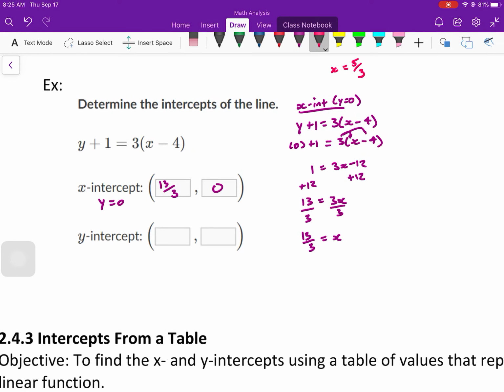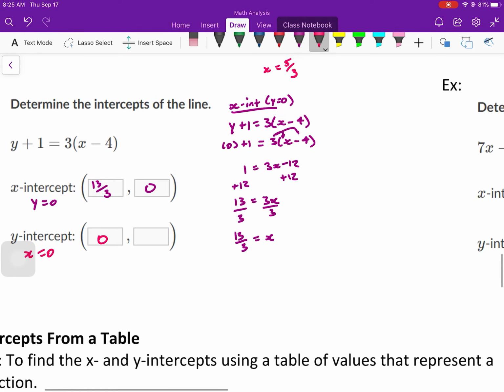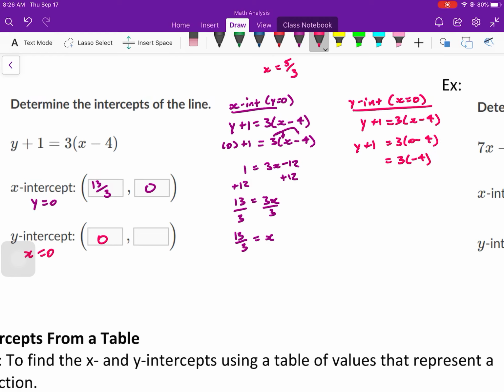And then similarly, we'll go ahead and find that y-intercept by setting x equal to 0. So that's 3 times negative 4 on this side, which is negative 12. Last, subtract the 1, and y equals negative 13.